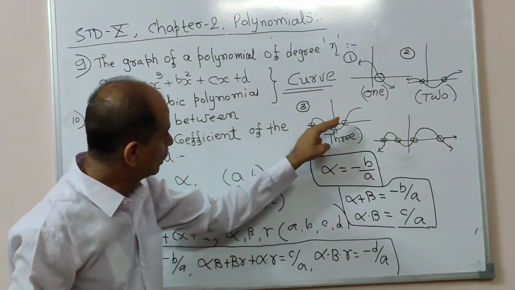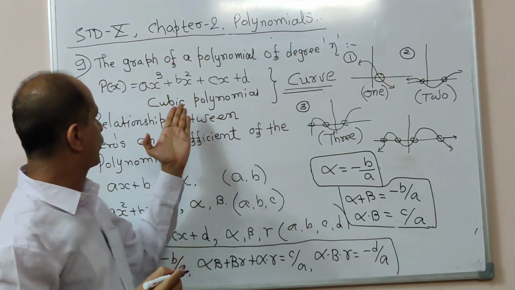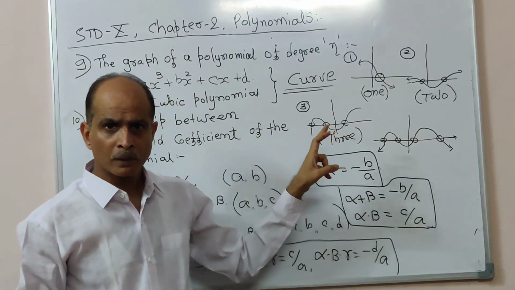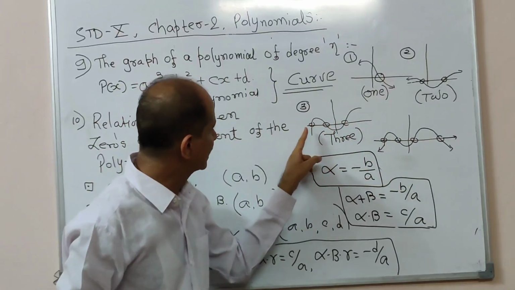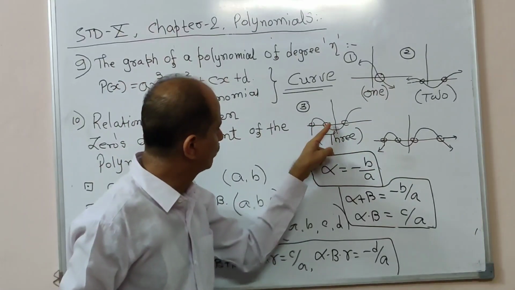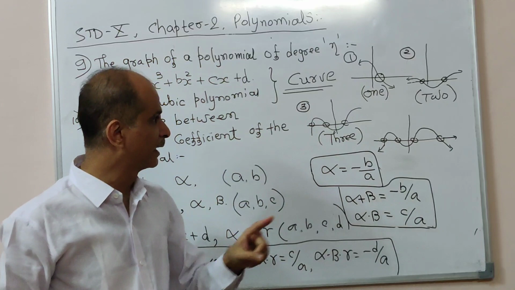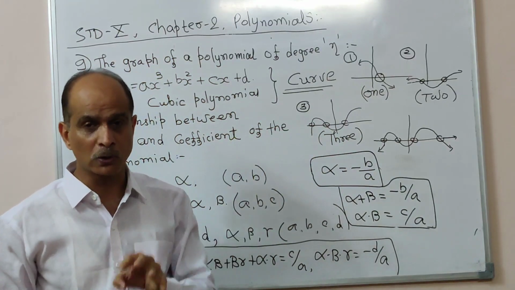Here it is a curve, and that's why it is a graph of a cubic polynomial. And you can see this graph intersects the x-axis at 3 points, number 1, number 2, number 3, and that's why it has 3 zeros.